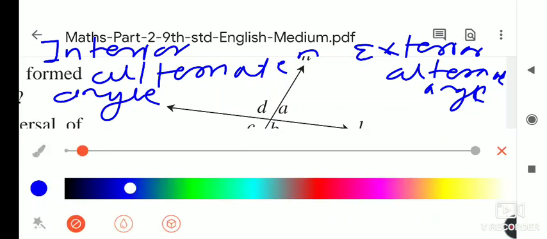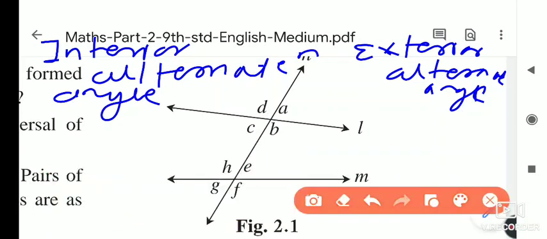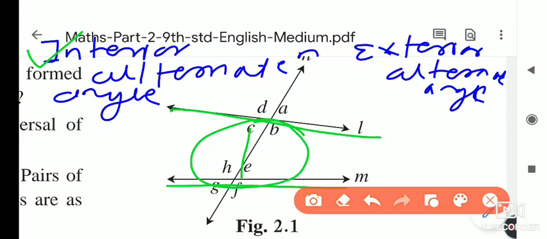So see here, first we will see the pair of interior alternate angles. This is the first pair, C and E. Interior means the part between these two lines. So which are the alternate angles formed by this?